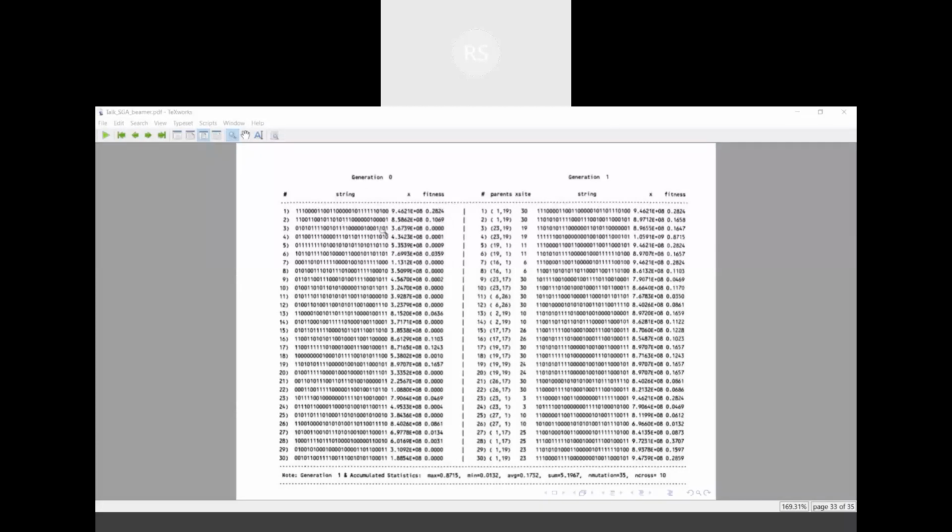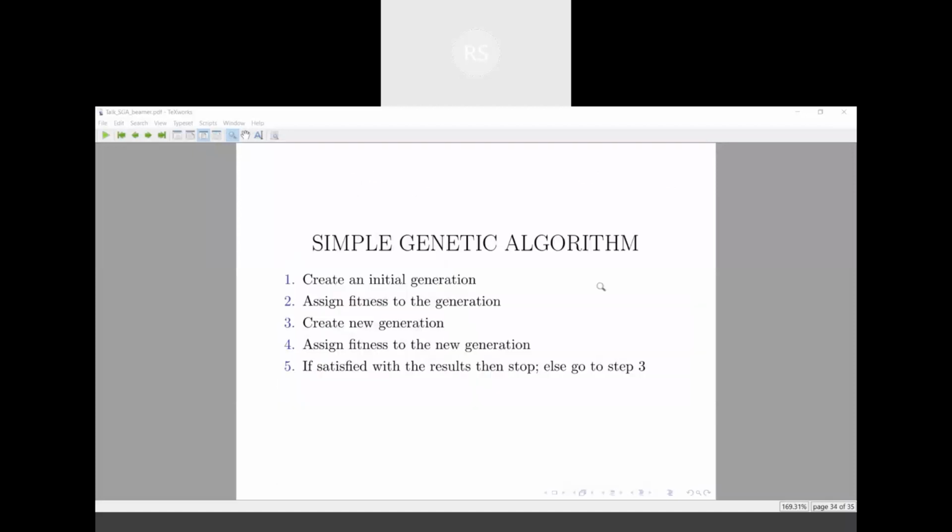Now, another slide can be generation 1, generation 2, generation 3, generation 4, generation 5, generation 6, right? So where to stop? That has to be decided by the fitness. The moment the fitness is to your liking, you can stop. So I am now giving the building blocks of the simple genetic algorithm. Create an initial generation randomly. As I said, you don't break your head.